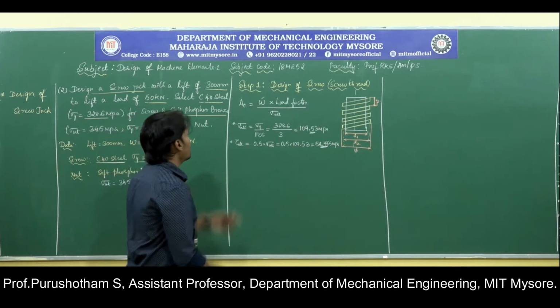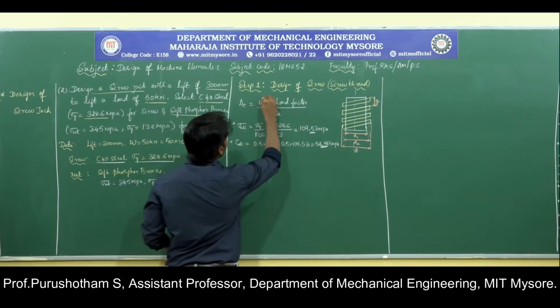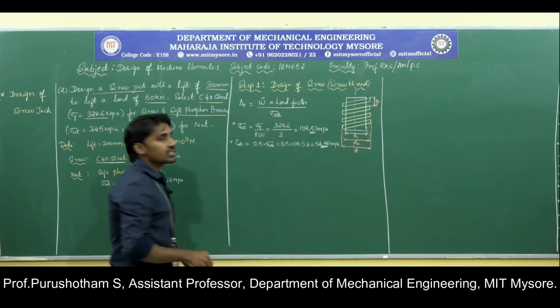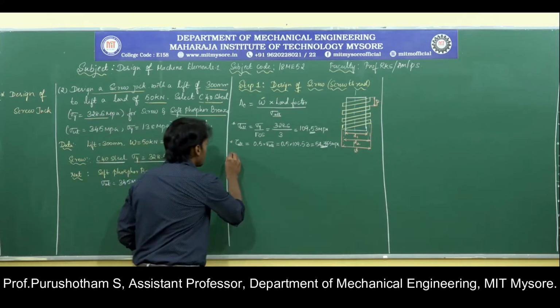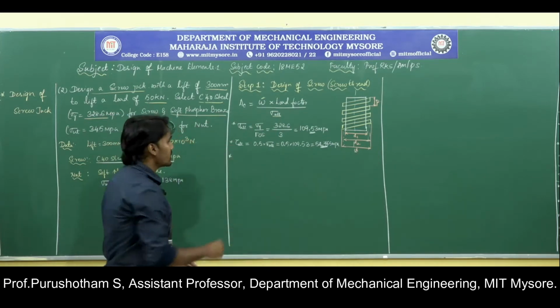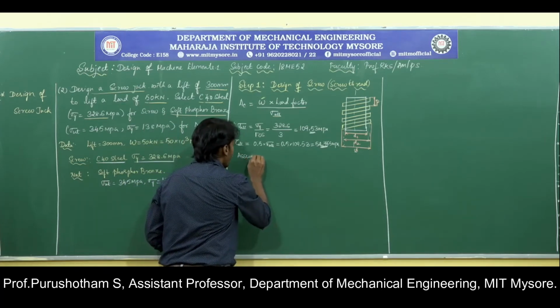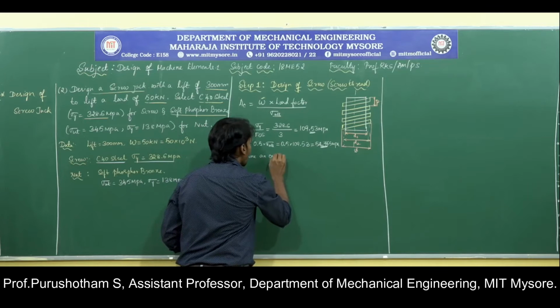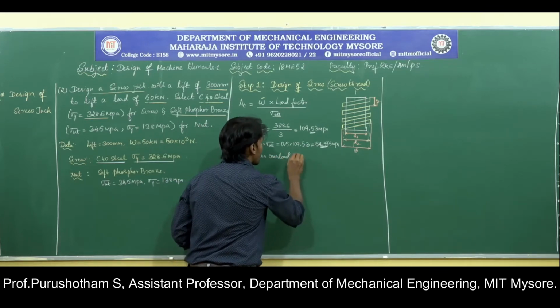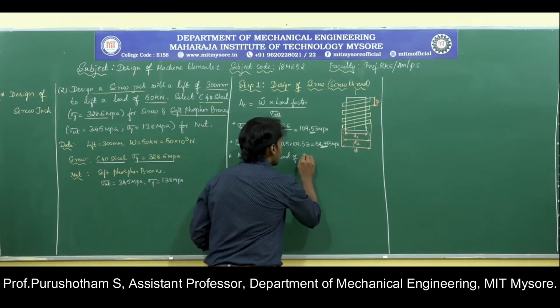Now in this equation I know the value of W as well as the allowable stress, but the load factor is not given. So for this we need to assume an overload of 25%.